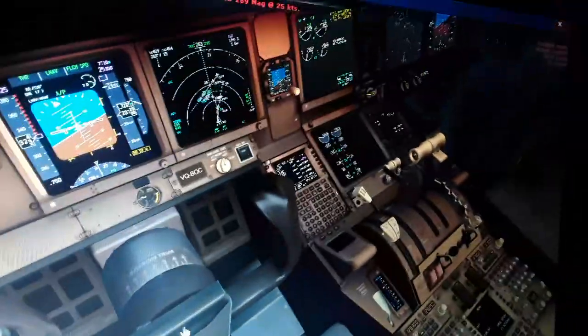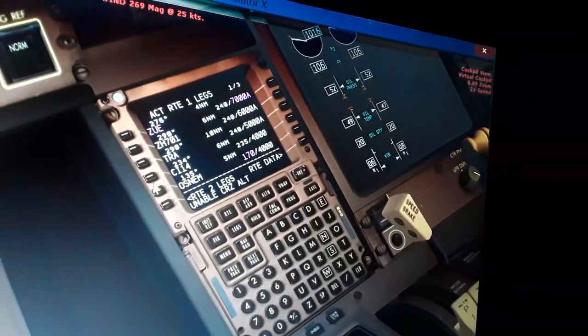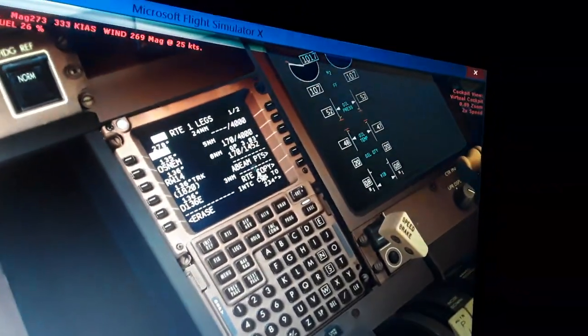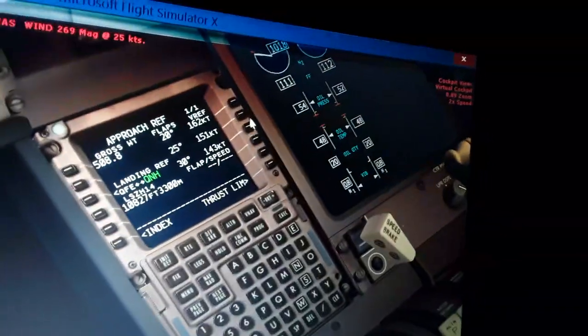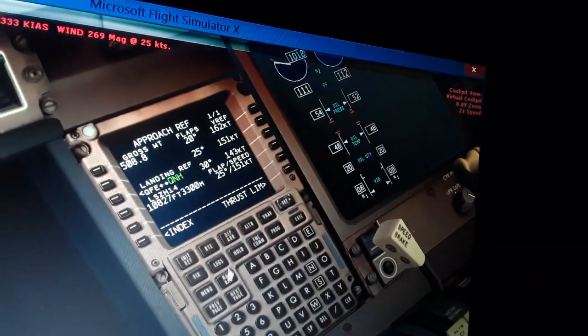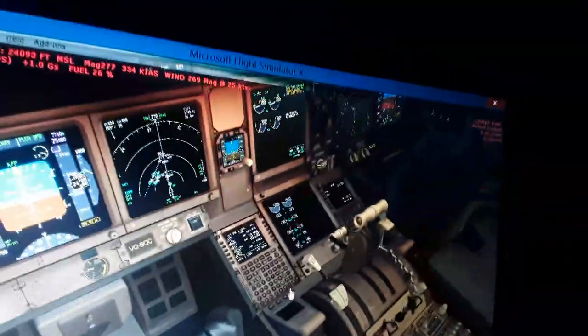We need also to use the direct to now. Over here, C114, direct to and execute. And the arrival airspeed. So we have the legs, the arrival airspeed, and we're gonna start descent now.